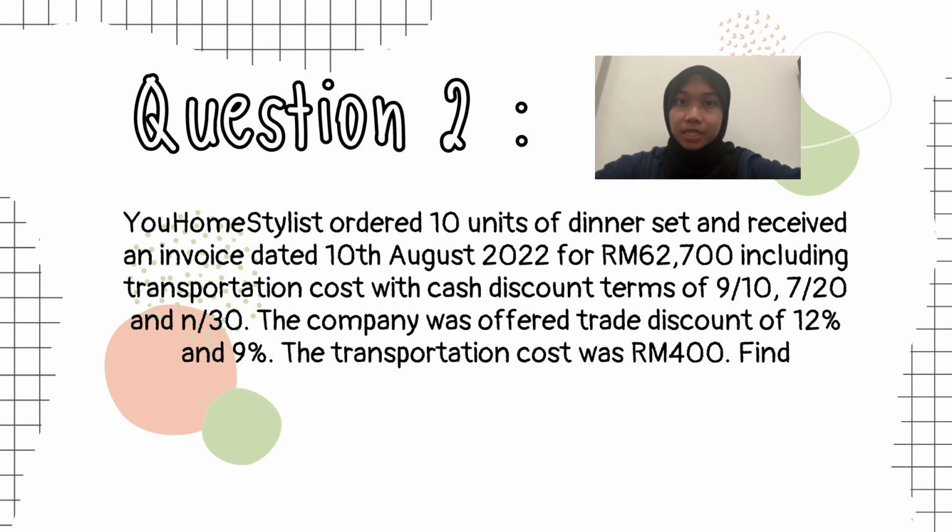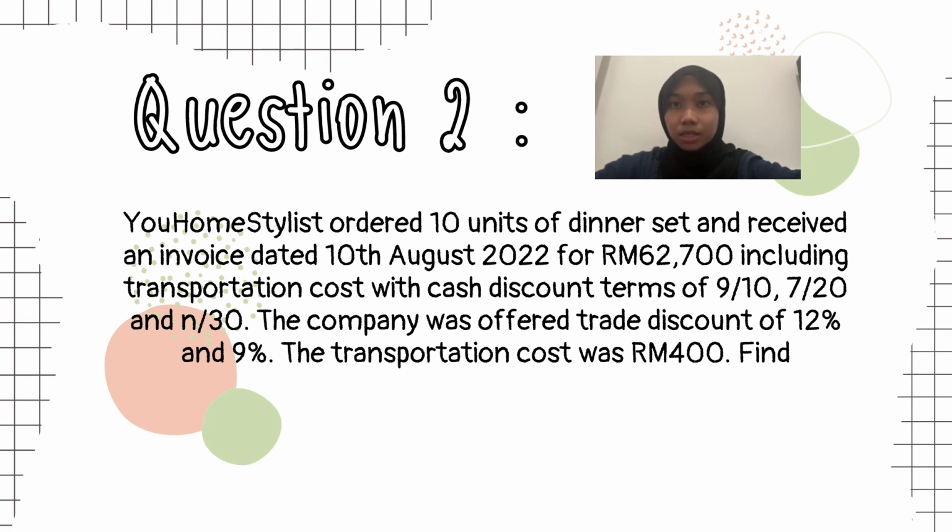Your home stylist ordered 10 units of dinner set and received an invoice dated 10 August 2022 for 16,700 including transportation costs, with cash discount terms of 11/10, 7/20, and N/30. The company was offered trade discounts of 12% and 9%.